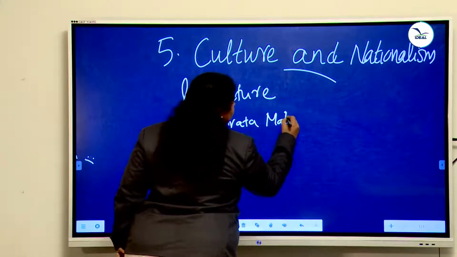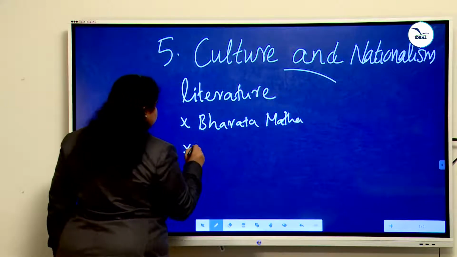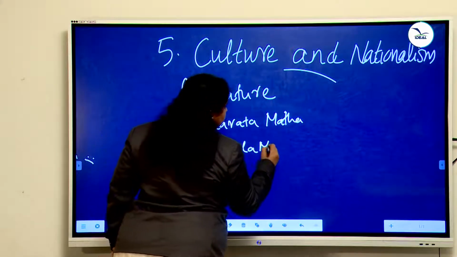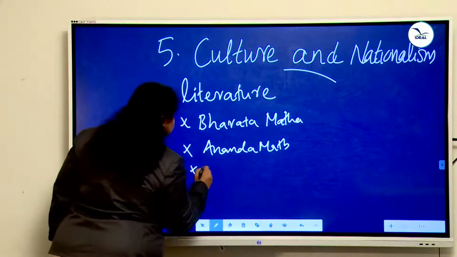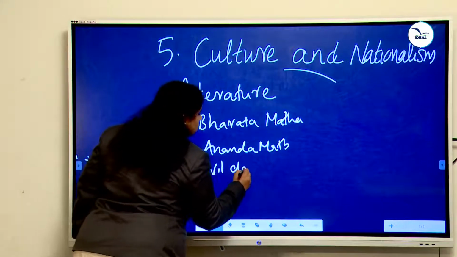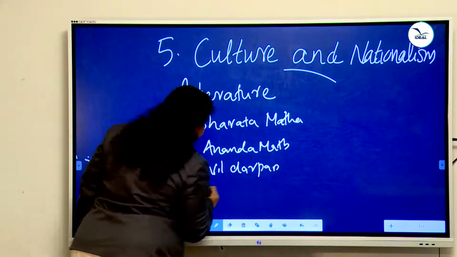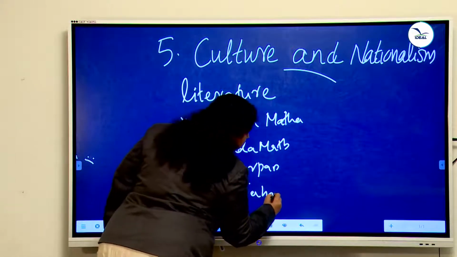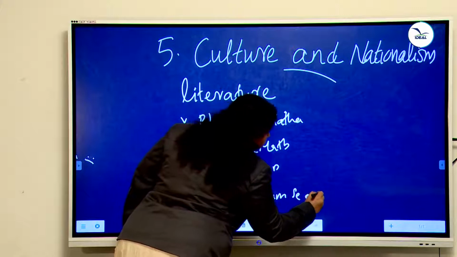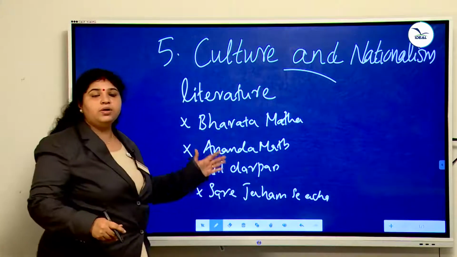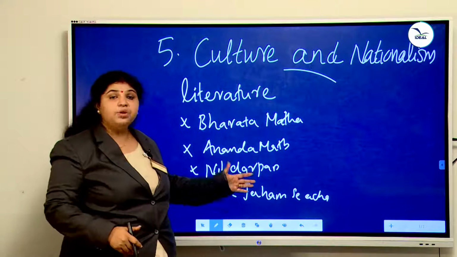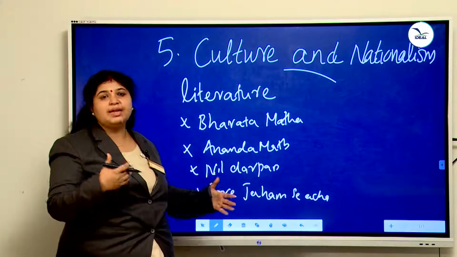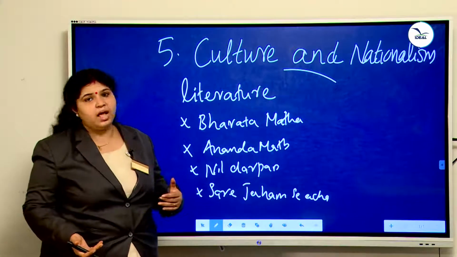First we want to learn about Bharat Mata, then Anandamath, then Neel Darpan, then the next is Saare Jahan Se Achha. So these are some of the important literature produced during the freedom movement, important literature that helped the growth of Indian nationalism.